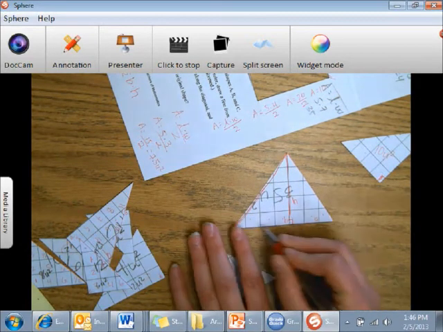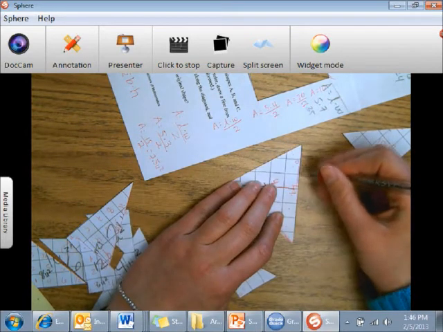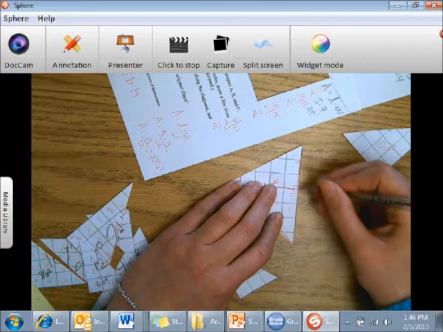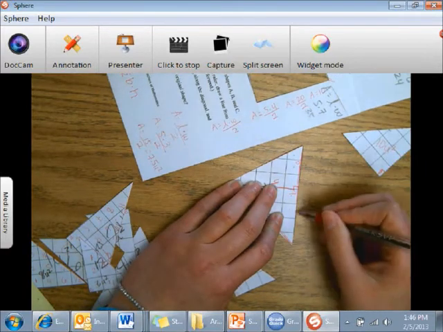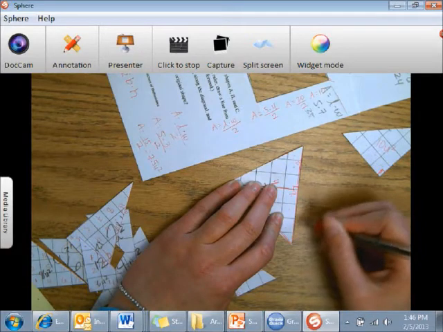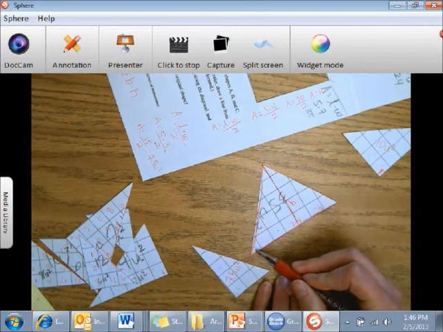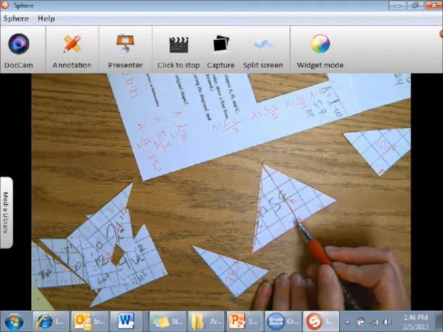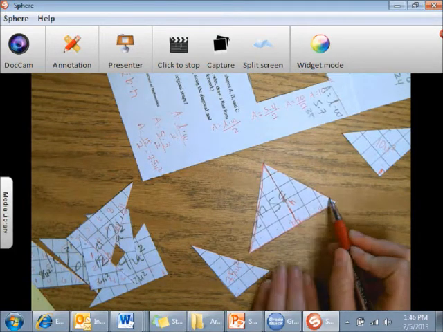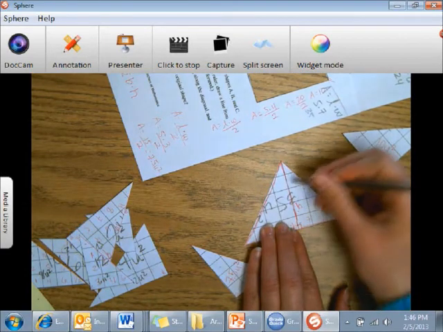And then this along the bottom, this red line I'm going to make along, is the base. Okay? So the base would be 1, 2, 3, 4, 5, 6, 7. Base is 7, and the height is 1, 2, 3, 4, 5.